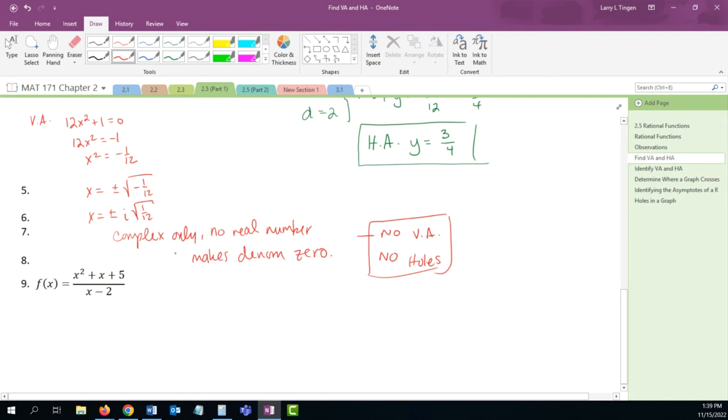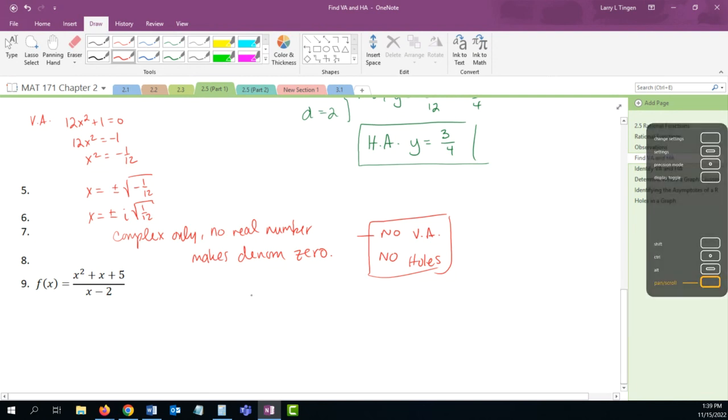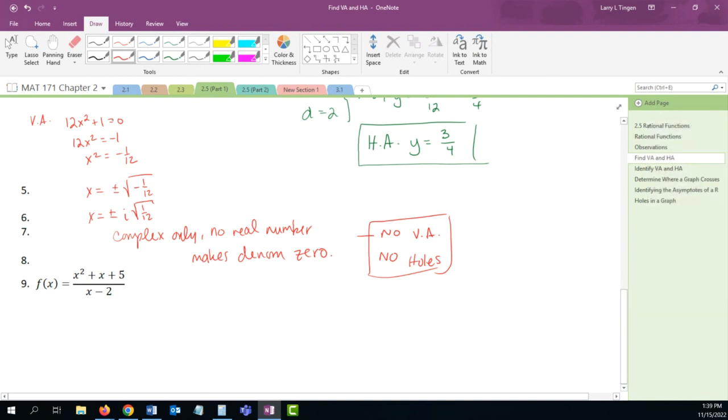I was thinking like 10 and 1/2 or something, but no, I don't think anything's going to do that. So it looks like the numerator does not factor here. Okay, so that means this is in its reduced form.